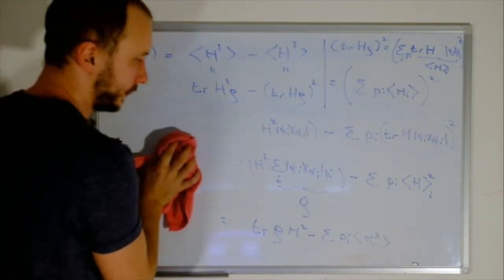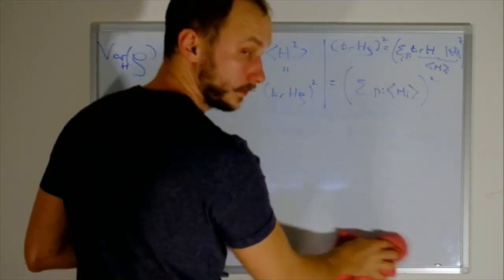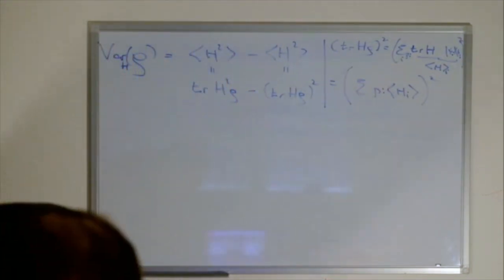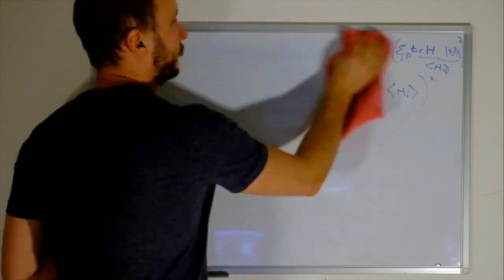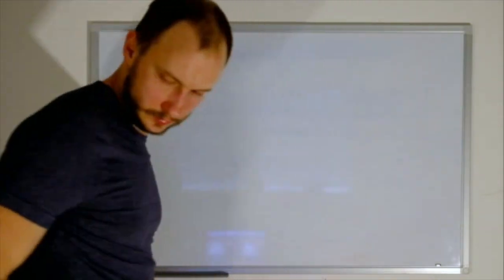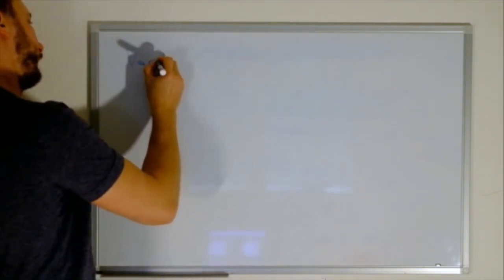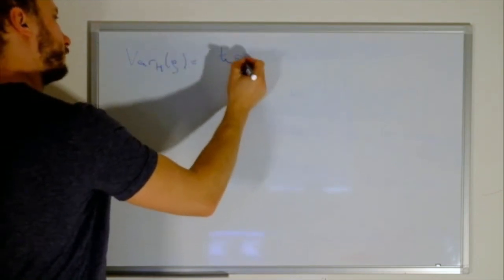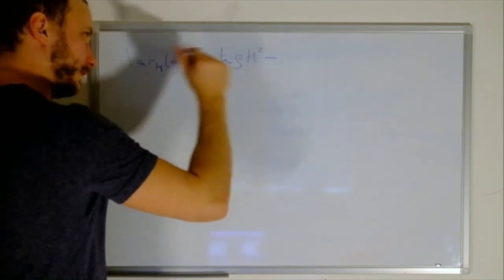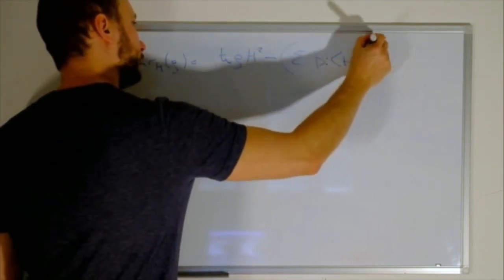So to summarize this thing, I will just write it down again. And then we conclude our proof, using again the Cauchy-Schwarz inequality. So we get the variance of h on rho is the trace of rho h squared minus the sum of p_i h_i, right?